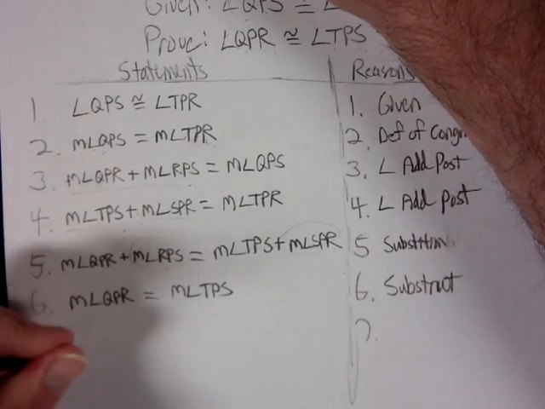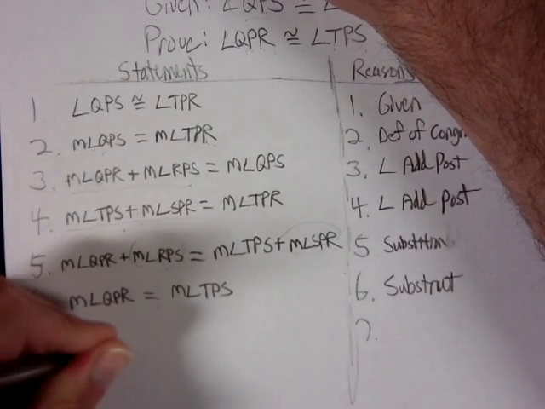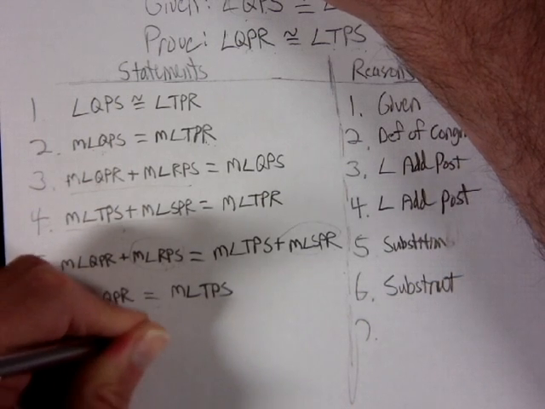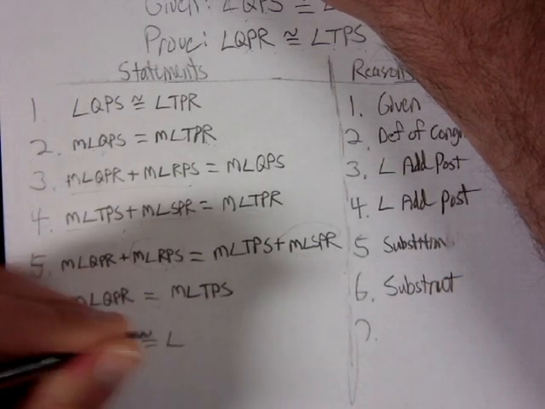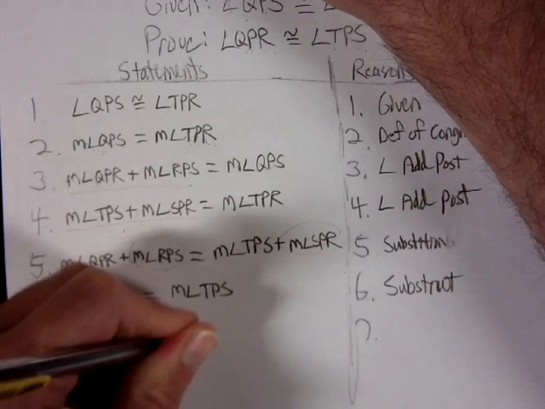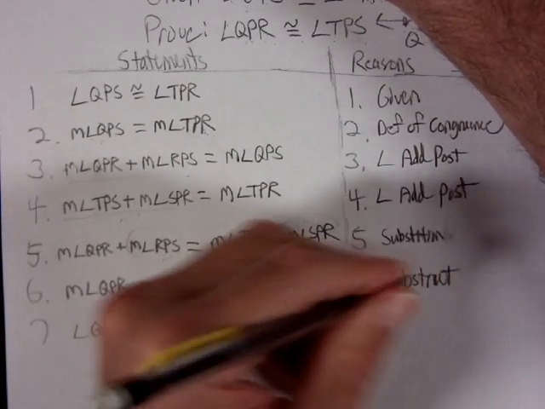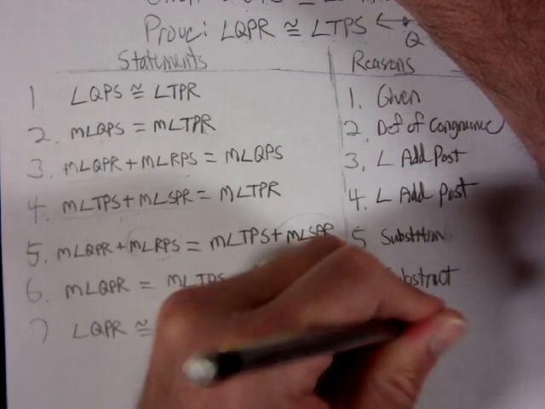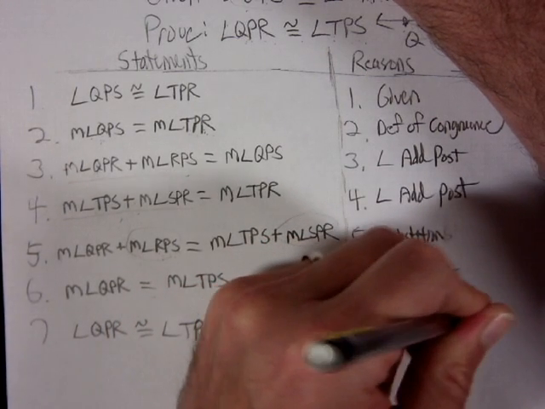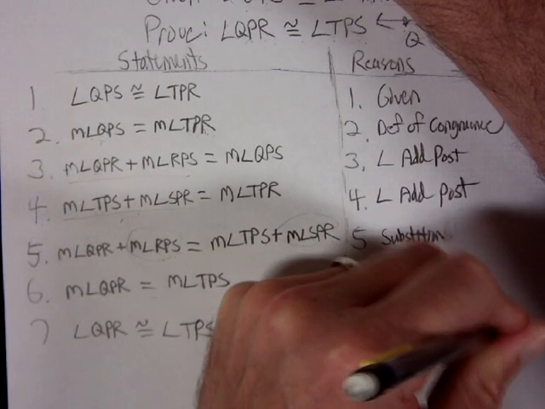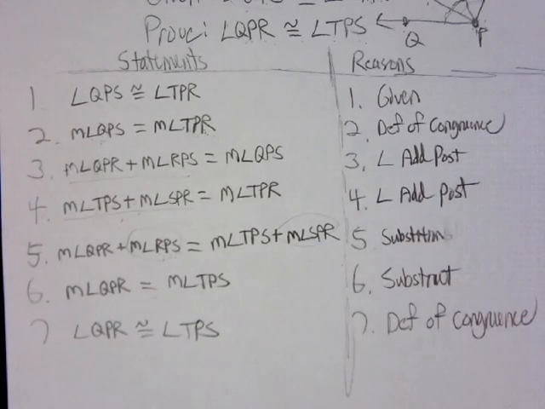So I want angle QPR congruent to angle TPS. And anytime you switch back and forth, that's by the definition of congruence. All right, and now we're done.